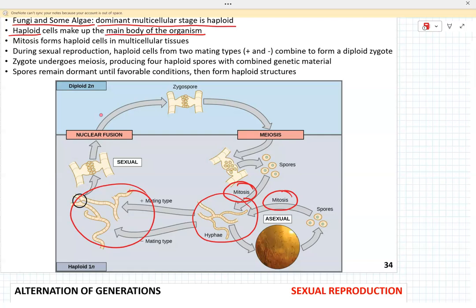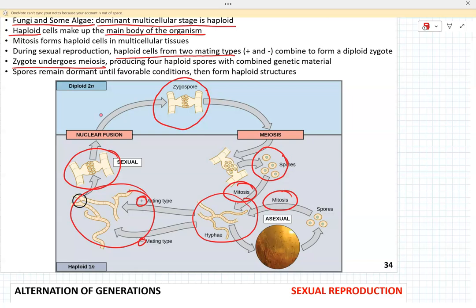Now, during sexual reproduction, haploid cells from the mating types, plus and minus, because they're really not female and male, but two different mating types, combine, forming a zygote. The diploid zygote undergoes meiosis, which generates 4 haploid spores, in which the genetic material is now combined.